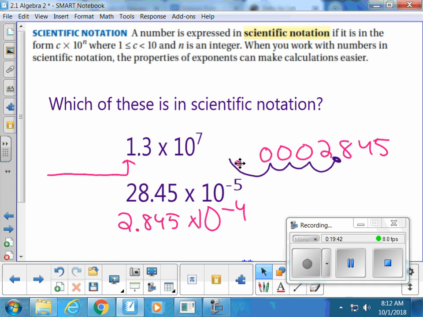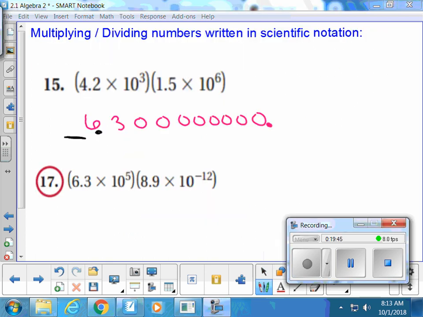Okay, so the next one, my advice was just do the 4.2 times 10 to the 3rd on the calculator and multiply it on the calculator times the 1.5 times 10 to the 6th, sorry. Hit enter. My calculator screen showed me 6, 3, 0, 0, 0, 0, 0, 0, 0.